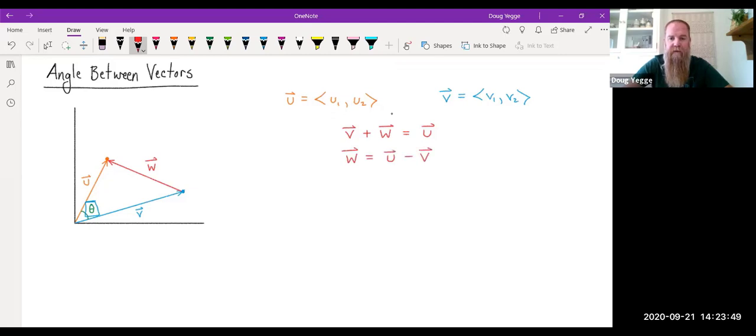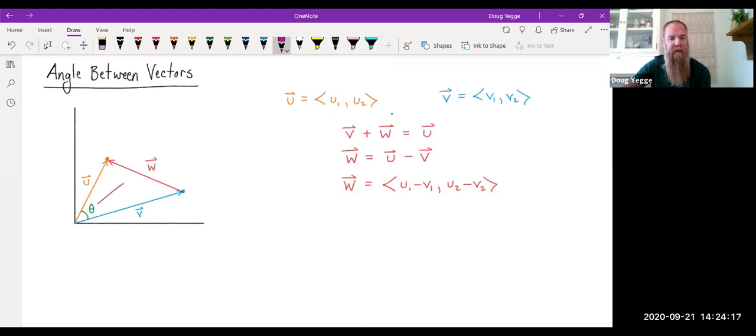Okay, so now we see that w has the component form by just subtracting the two quantities of u1 minus v1 and u2 minus v2. So now, based on our law of cosines, I should be able to recognize that the angle theta is opposite the side length of the magnitude of w.